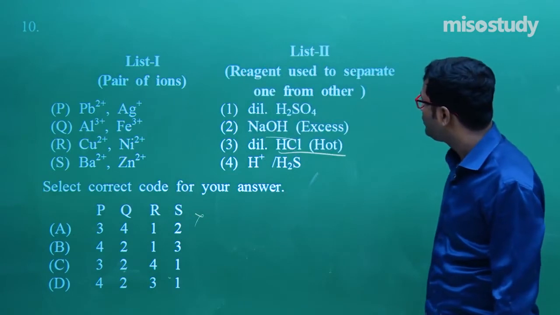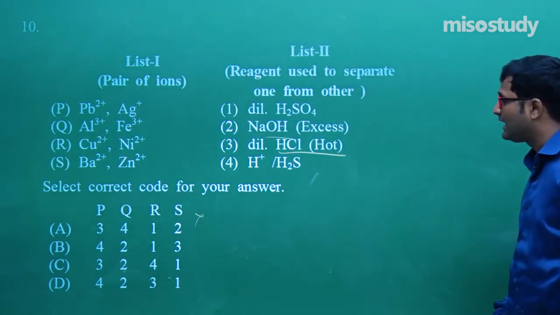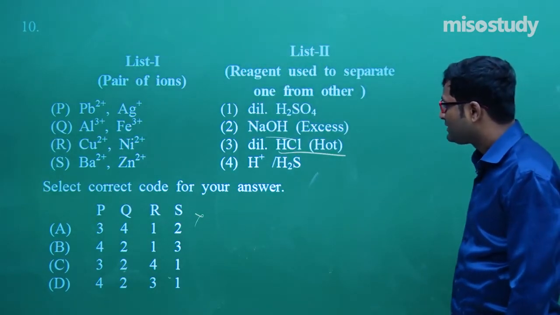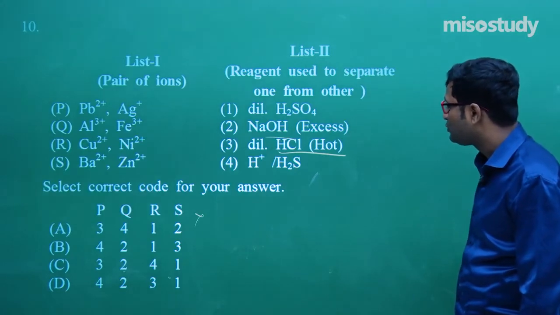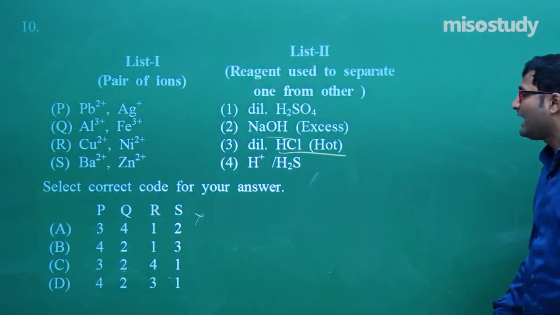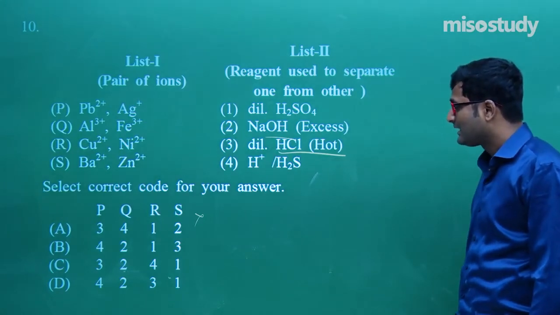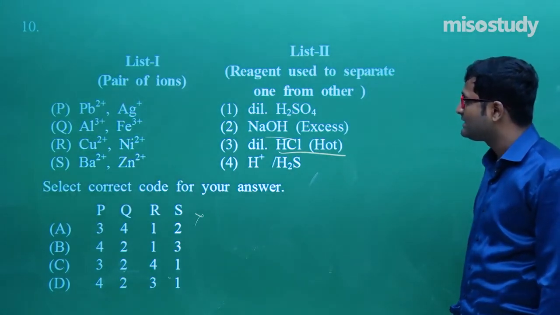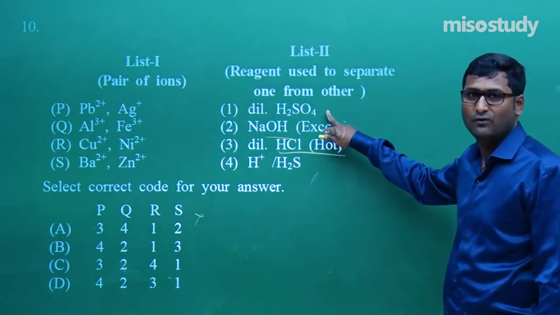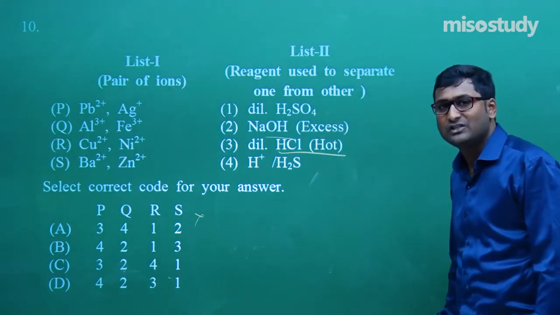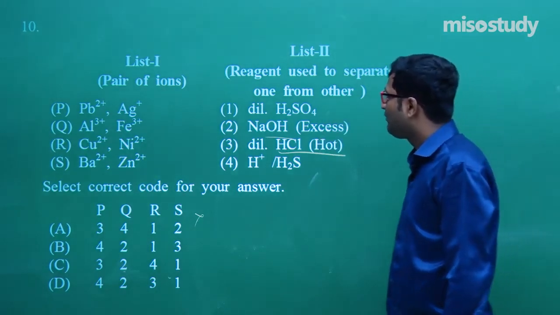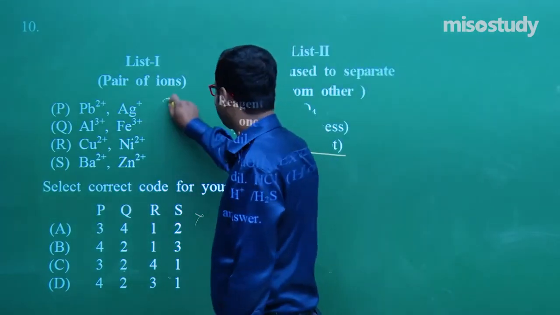And for Cu2 plus and Ni2 plus, what will happen? Treatment with H plus and H2S gives CuS and NiS. Clear to you? And for Ba2 plus and Zn2 plus, treatment with dilute H2SO4 gives BaSO4 and ZnSO4. So for P, there is the third option.